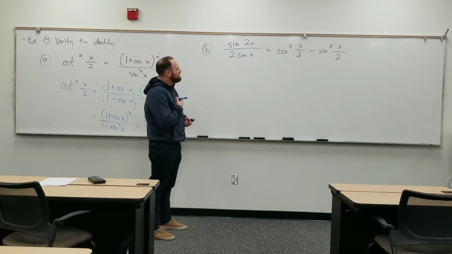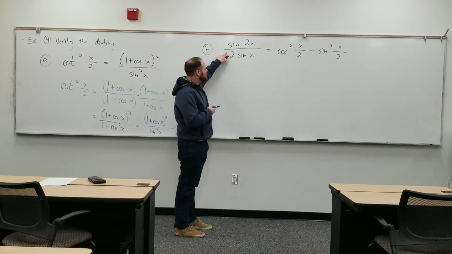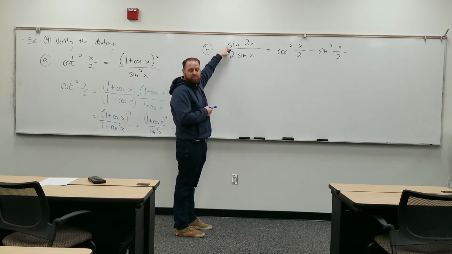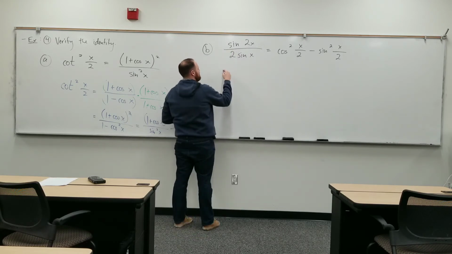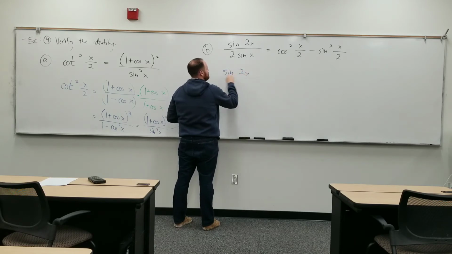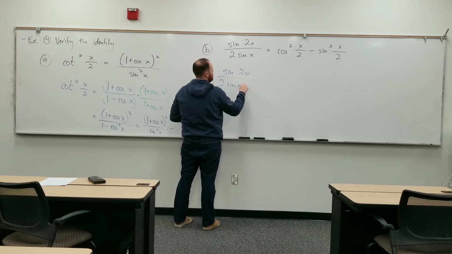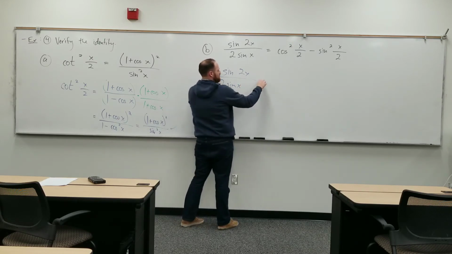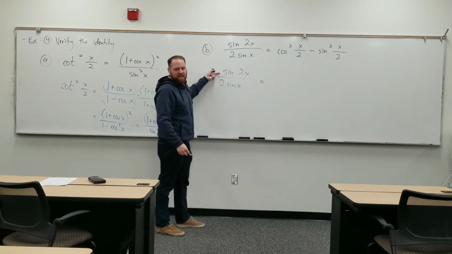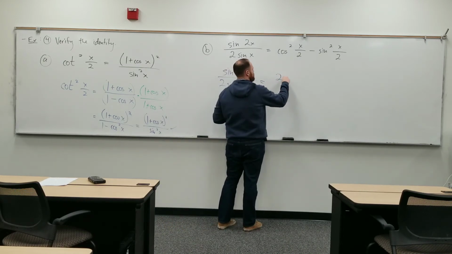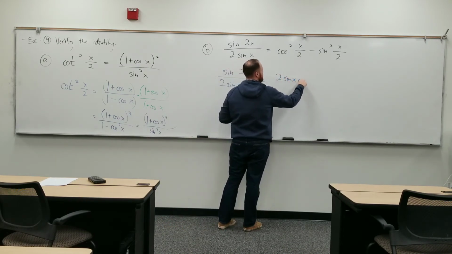What I notice right away here is I have a double angle formula for sine 2x. So I'm going to start with the left-hand side again. I know the double angle formula for sine 2x is 2 sine x cosine x.